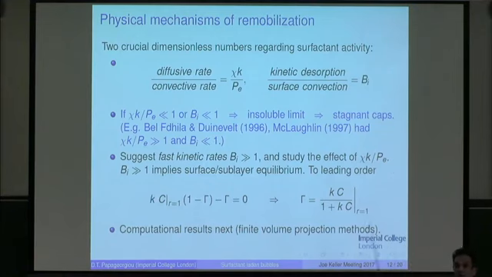So physically all we're doing is allowing surfactants to get on and off very quickly. Okay, so what will happen as I increase the surfactant concentration, which is K in my particular non-dimensionalization.